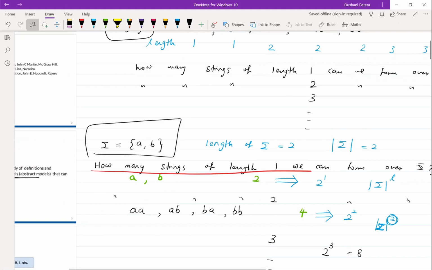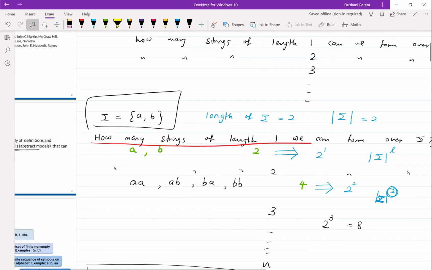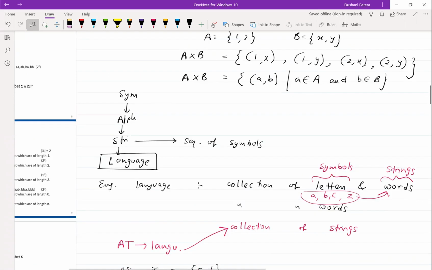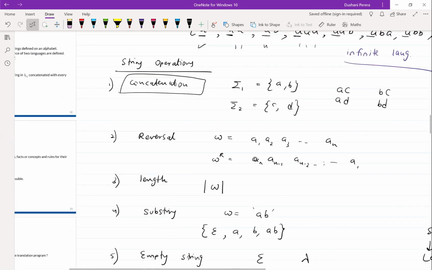Then a set of strings creates a language. Then we spoke about the number of strings of a particular length that are possible over an alphabet. Then we spoke of set sequences and so on. Then we came to talk about a language, and we defined three languages, and then we spoke about string operations, concatenations and so on.